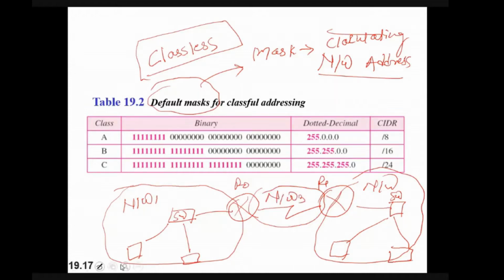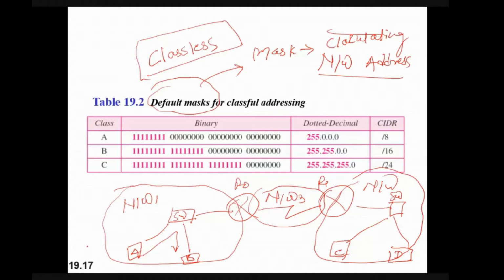Now let us name these computers A, B, C, and D. If A wants to send data to B, how will the switch or router recognize that A and B are in the same network? This is recognized with the help of the mask and the network address.